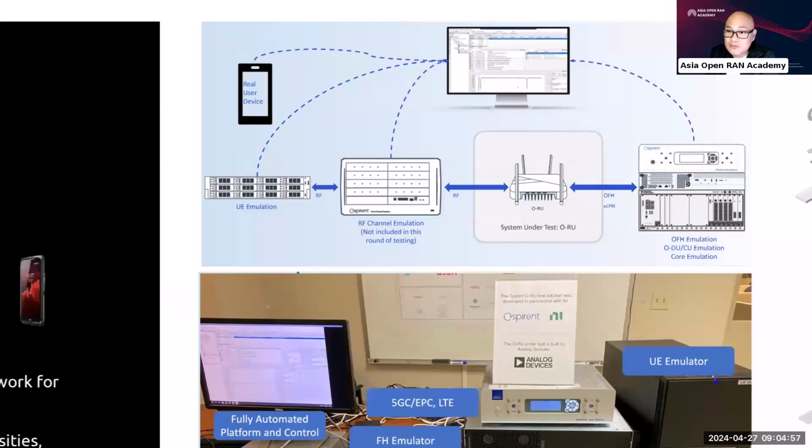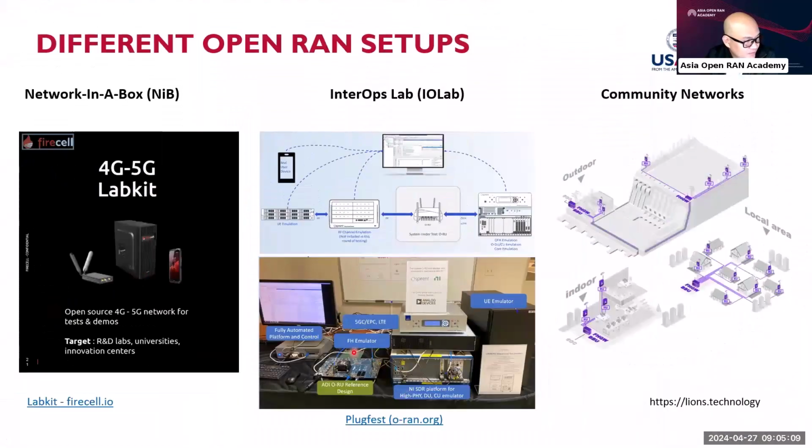Instead of deploying it in an actual setup, you will set it up inside the laboratory. Okay. So this is a typical setup of a plug fest. And then there are implementations already, like the Lions, the technology of community networks.